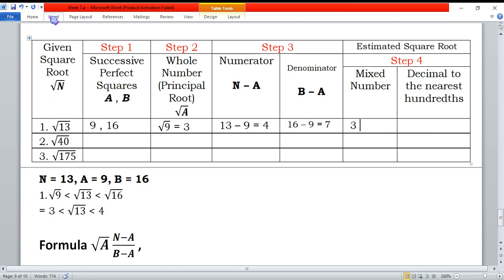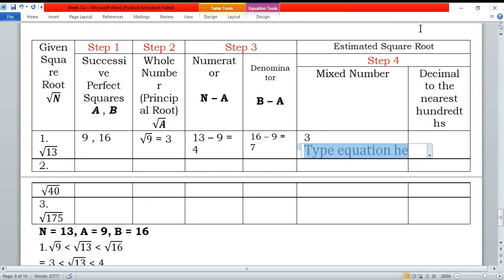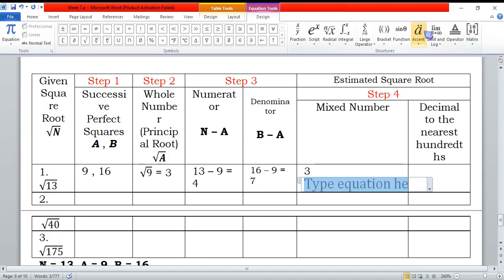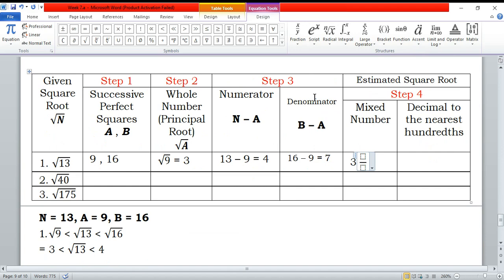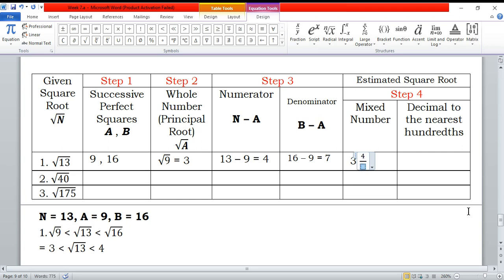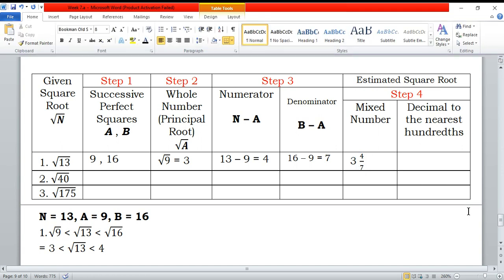So, gagawa tayo ng fraction dito. Ayun na ang fraction. Okay. So, ang numerator natin ay 4 over the denominator 7. Okay, so that's 3 and 4 over 7. Ito ay in a form of mixed number. Yes, naka-mixed number talaga siya.